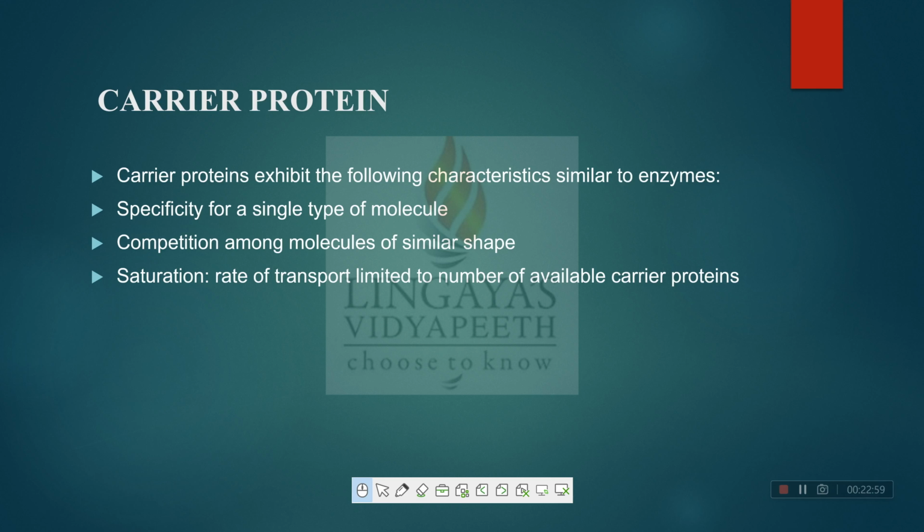It exhibits the following characteristics similar to an enzyme. First, it is specific for a single type of molecule. Secondly, it creates competition among molecules of similar shape as to which type of molecule it will attach to. And saturation: the rate of transport is limited to the number of available carrier proteins.